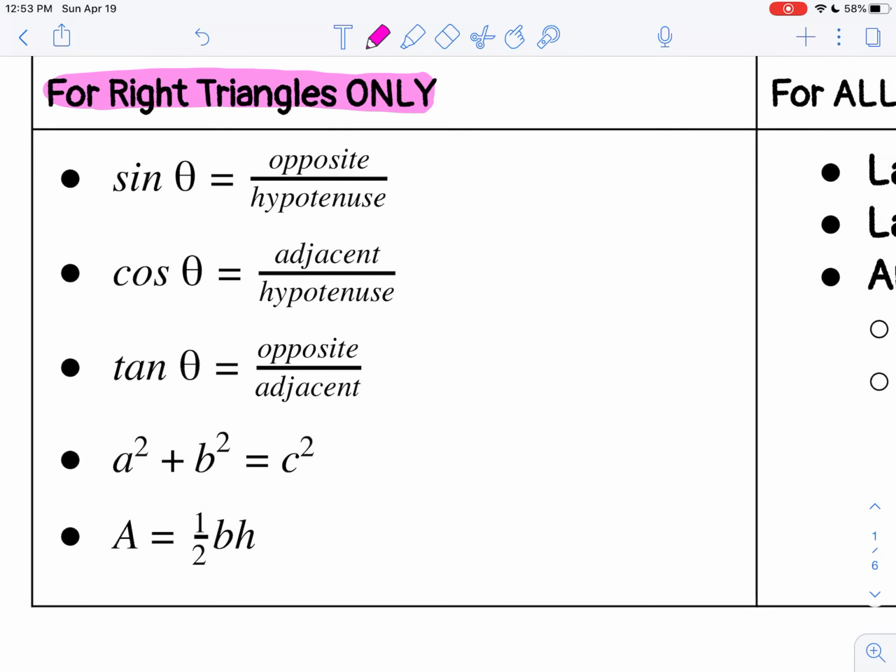We also know the Pythagorean theorem, a squared plus b squared equals c squared, but that is, again, also only for right triangles. And then this last one, the area of a triangle equals 1/2 base times height. It's not that it's only for right triangles. However, in order to use this formula, the base has to be perpendicular to the height, okay?